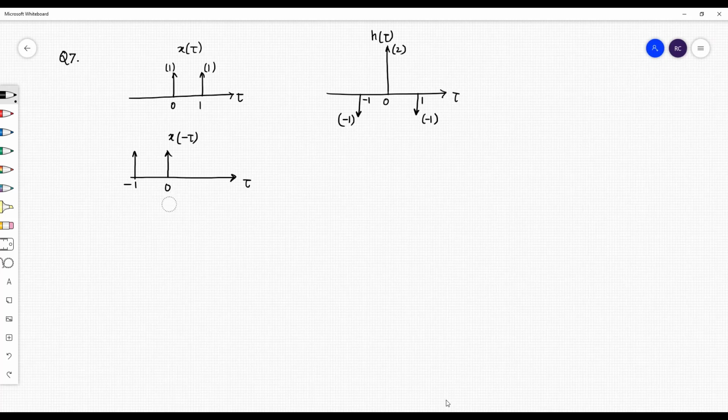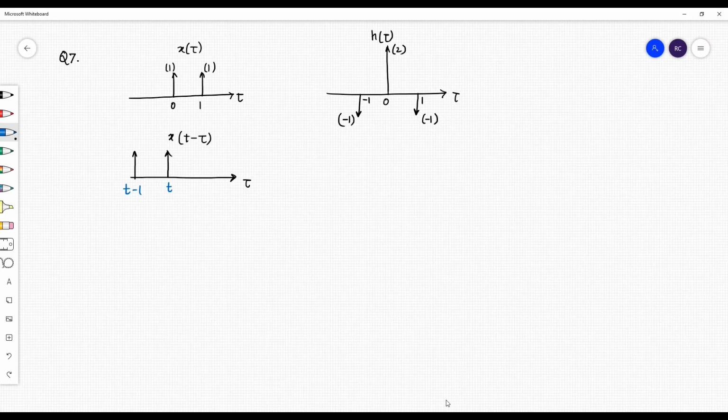This edge is here at t equal to 0, because if we were to write this in terms of t minus tau, this means at t equal to 0, this leading edge, this impulse is situated here, right? That means in general, I could say this is t and this is at t minus 1. So I've got x(tau) and I've got h(tau). We're going to take different cases like we usually do and find the convolution.